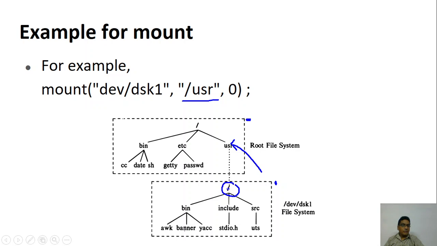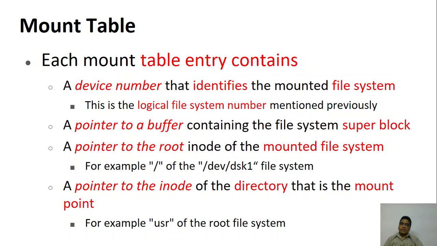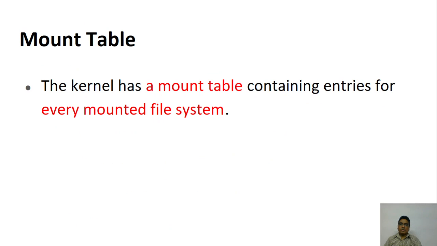Suppose I want to connect this root into user, then I'm going to say that I want to connect the root of dev.disk1 to this particular location. So that is the idea. Okay, let's look at that in action.